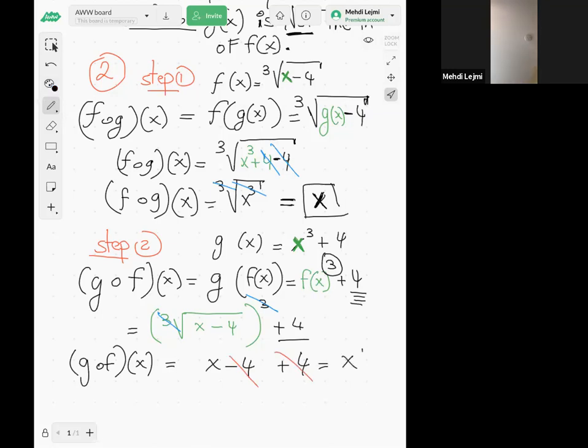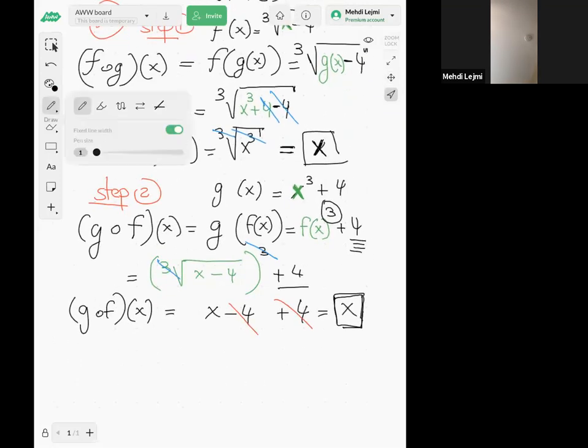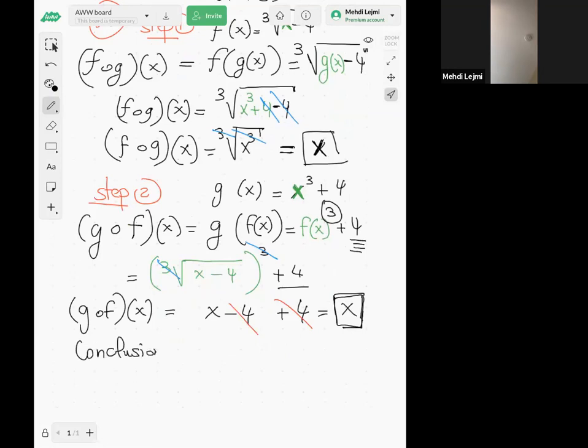Again, we got x by itself. So in both step 1 and step 2, we get x as the answer. The conclusion is that g is actually the inverse of f. So here's the final answer: g is f inverse, or g is the inverse of f if you prefer.